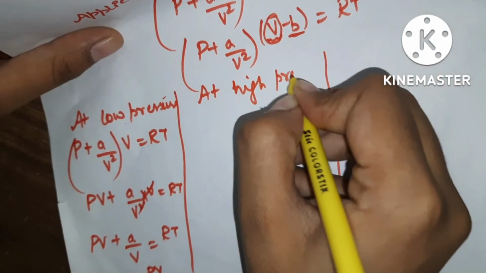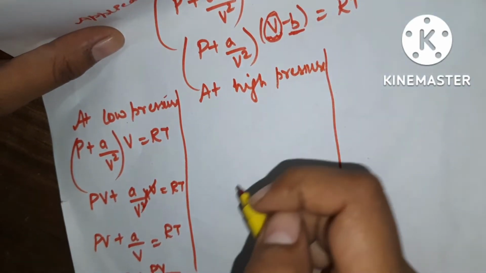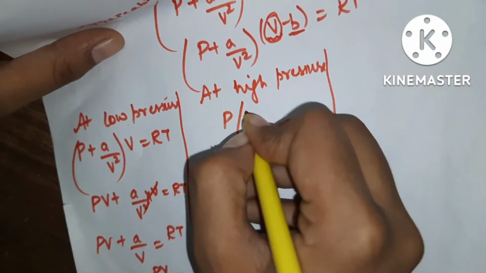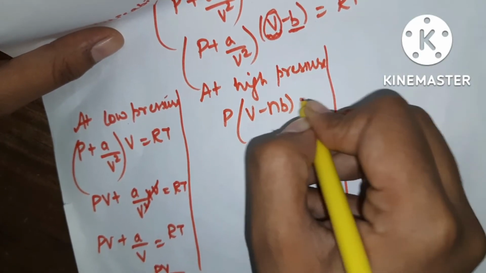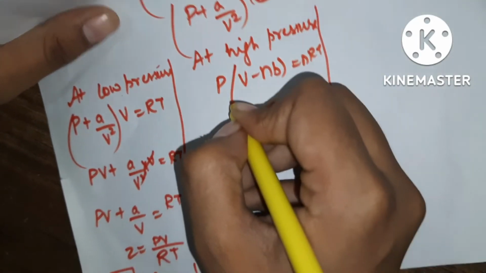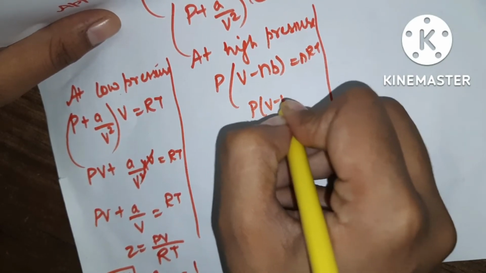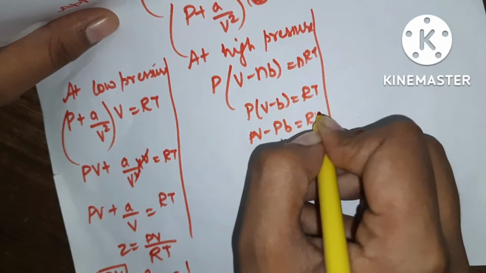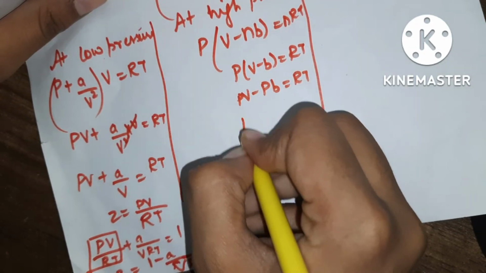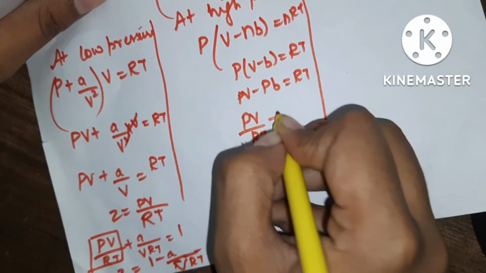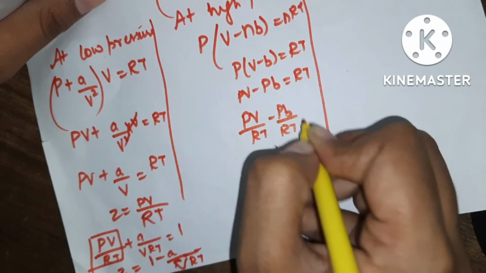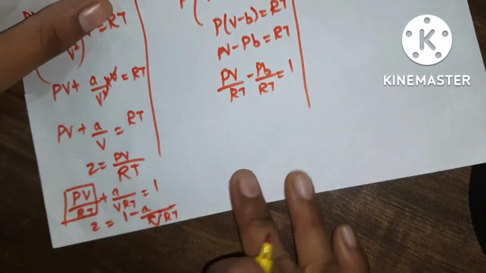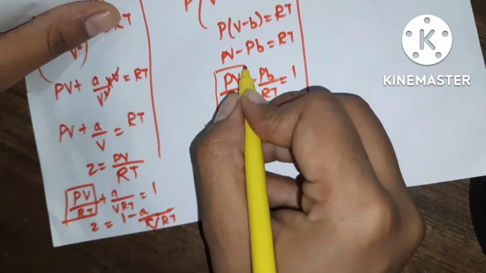Now at high pressure, P is greater, so a/V² can be neglected: P(V − nb) = nRT. For 1 mole, P(V − b) = RT. PV − Pb = RT. Divide both sides by RT: PV/RT − Pb/RT = 1. PV/RT is what?